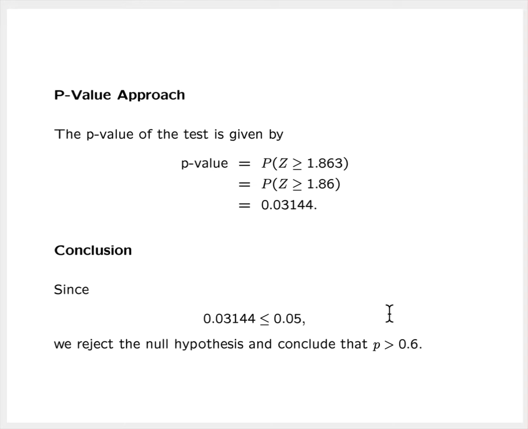The steps are the same. The only differences are in the formulas for the test statistics, and the sampling distribution depends on the situation as well, but the overall steps are the same.